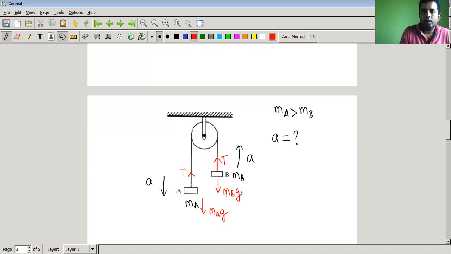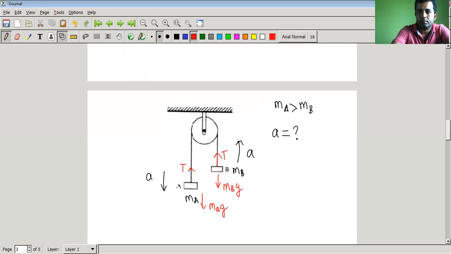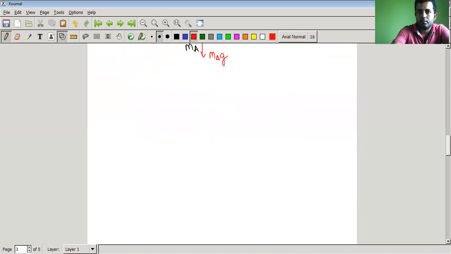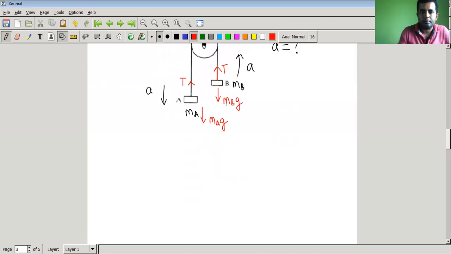Now, let us talk about A first. If I only study A, and of course we are dealing with this axis, which you can say is along the y-axis, this is the axis we are interested in studying. The motion is along this direction only.